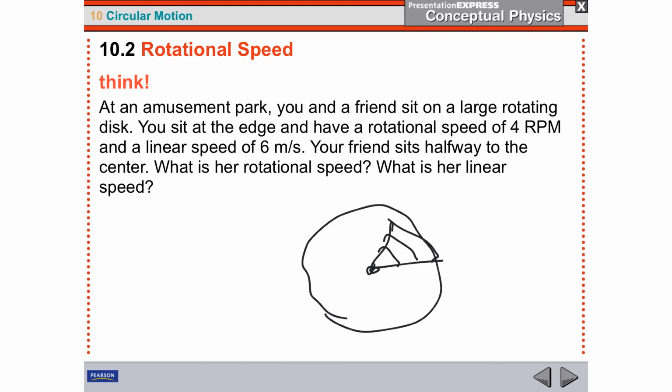Okay, so that's your RPM. Your linear speed is going to depend on where you're sitting. If your linear speed is 6 and your friend is halfway, then that means that it's half of the radius. Your radius is 6, and it's a halfway radius of 3, so her speed will be 3 meters per second. Yours is 6 meters per second, hers is 3.